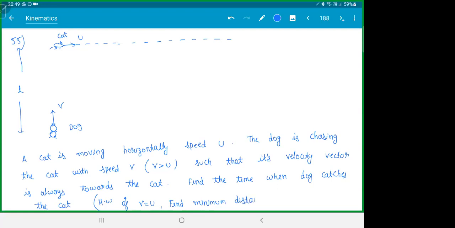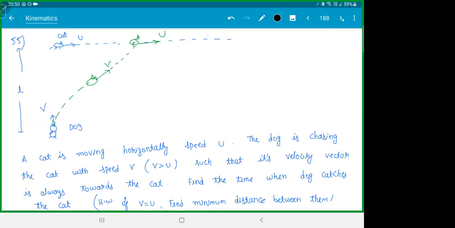Let me explain the question a little more. How is this dog chasing? When the cat has gone here, the dog must have come somewhat like this. The dog is looking at the cat like this, and the cat is going with speed u.